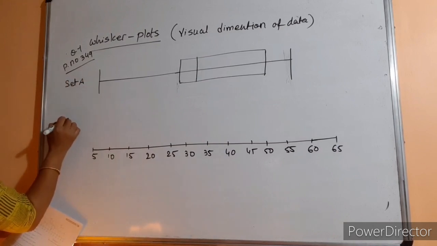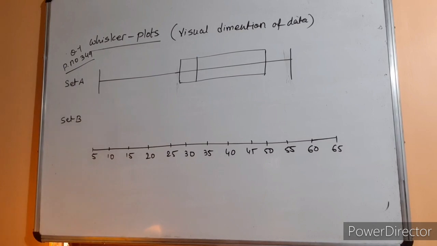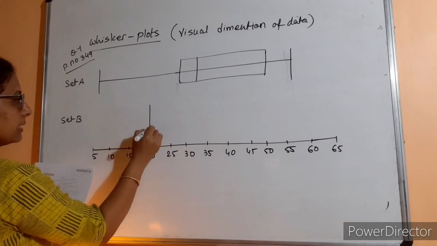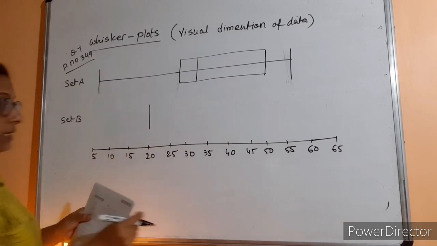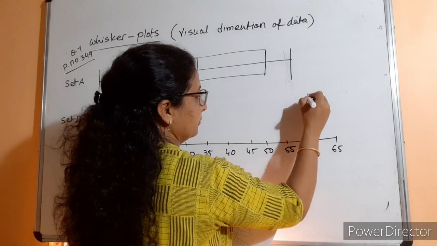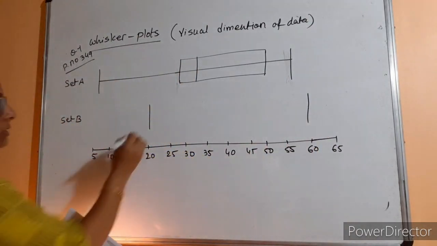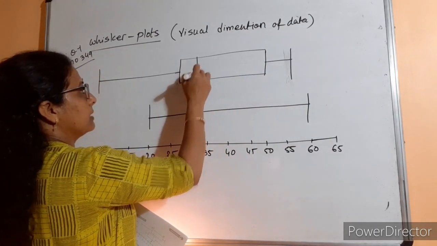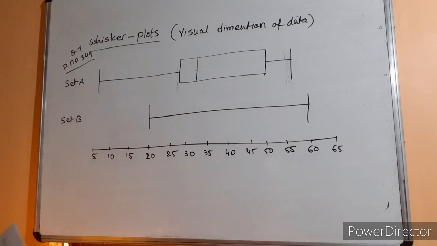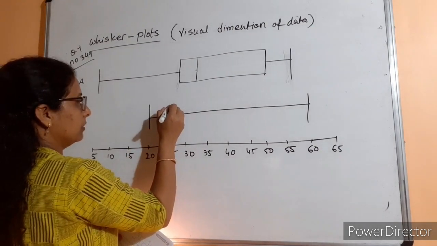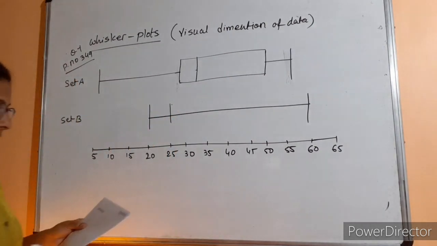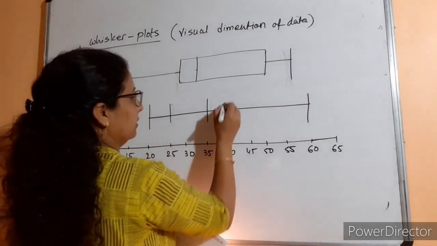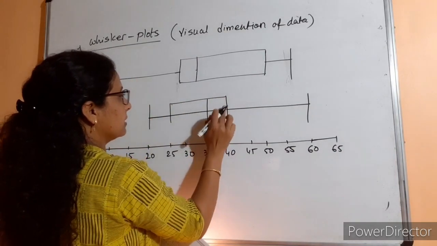Now we'll draw set B. Here the left whisker is at 20 and the right whisker at 60. On the data set line, the box has 25, 35 and 40, and we draw this box.